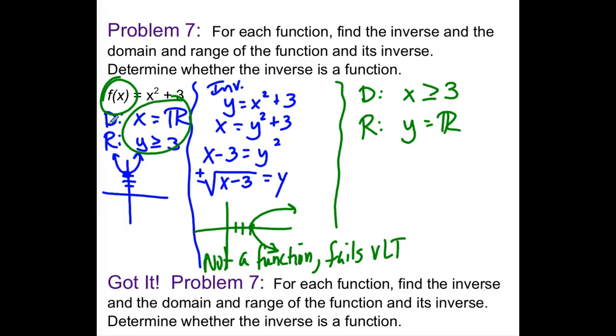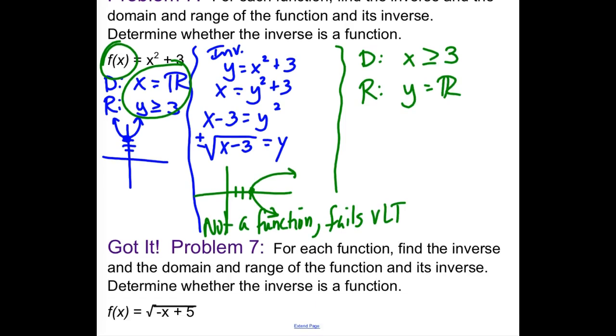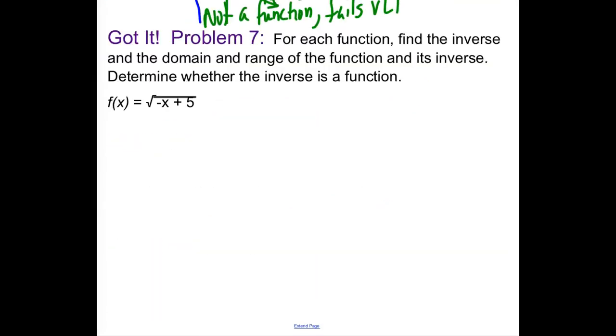All right, last one. We're going to go through this one together because this one has a little transformation that you haven't seen before. When I look at this, algebraically, if I tried to find the domain, I need to find what makes that 0 or higher, correct? I can't have it be negative. So I'd start out saying negative x plus 5 has to be greater than or equal to 0.